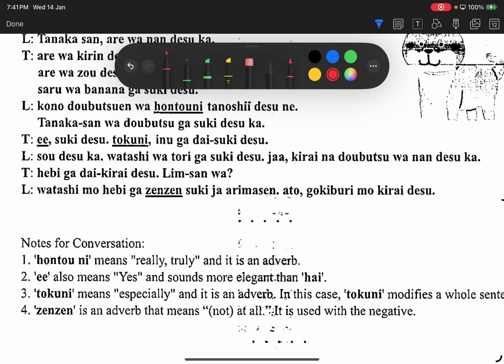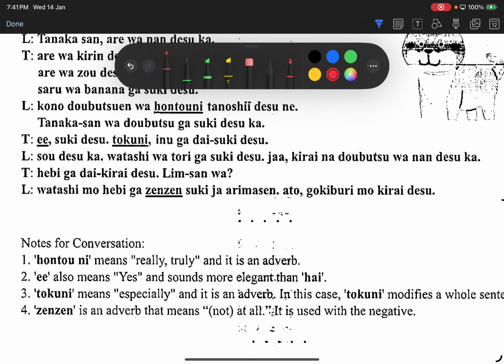We learned mo before, remember? Also. I also don't like snakes. We learned mo in lesson 1. Watashi mo gakusei desu. Instead of saying watashi wa gakusei desu, I am a student, we say watashi mo gakusei desu, I am also a student.